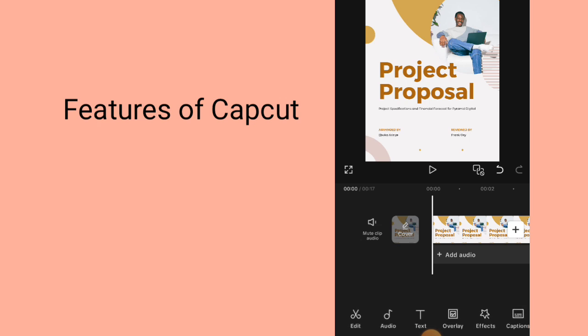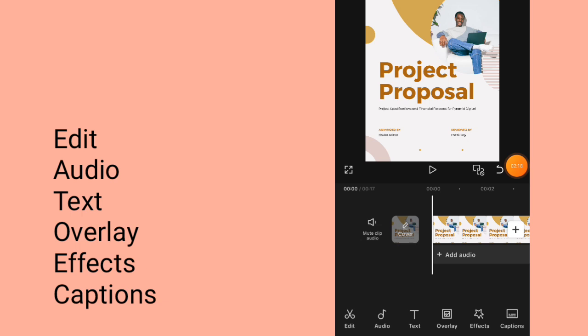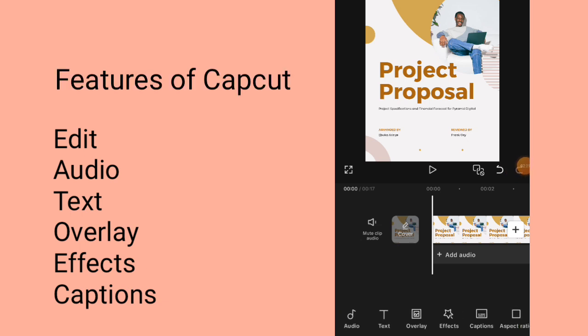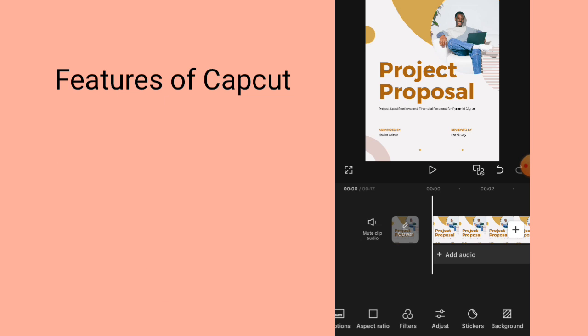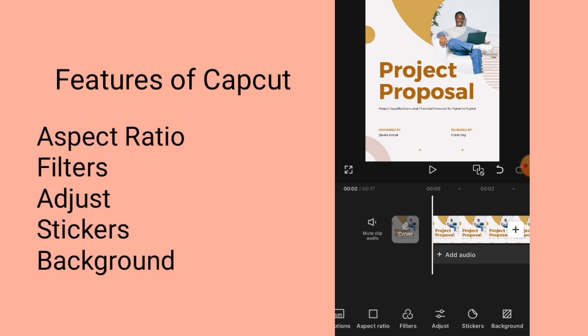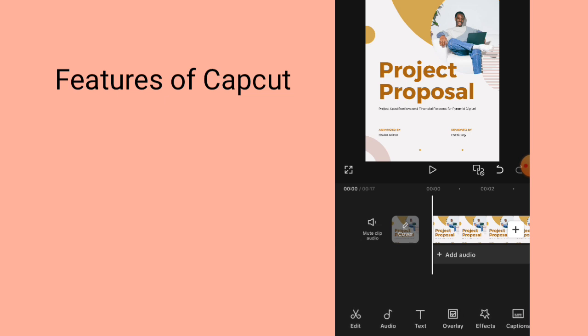As you can see, you have edit, audio, text, overlay, effect, captions, aspect ratio, filters, adjust, stickers and background. These are the first layers of the Capcut editing app. Each and every one has the work they are doing.